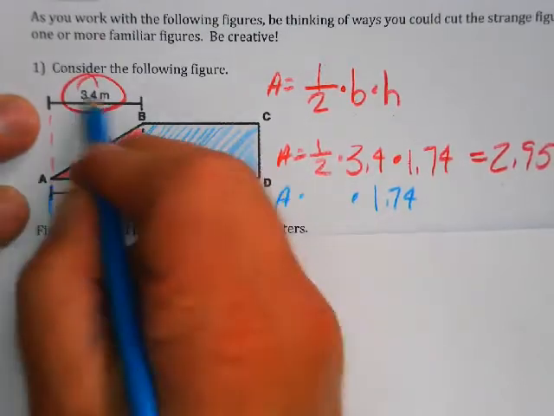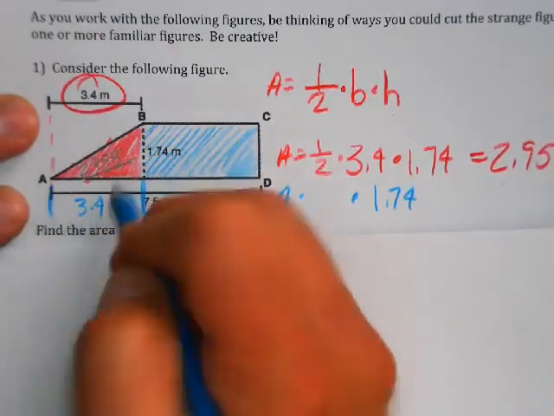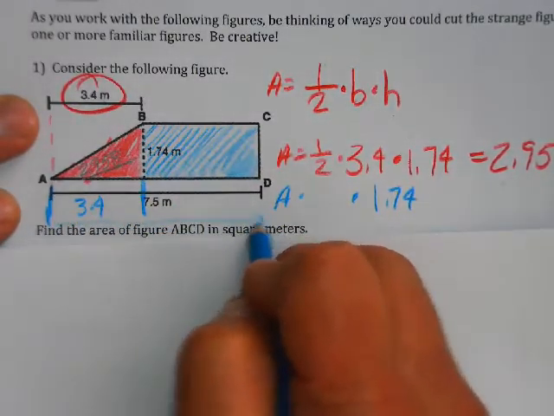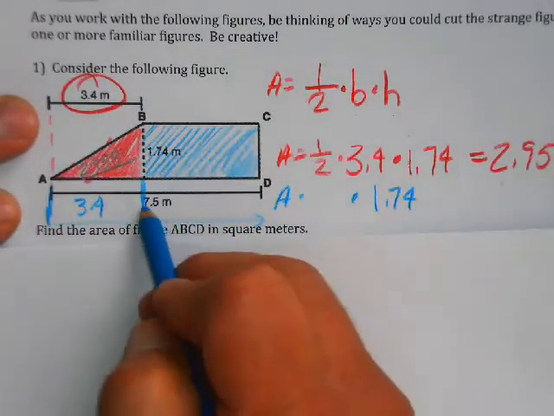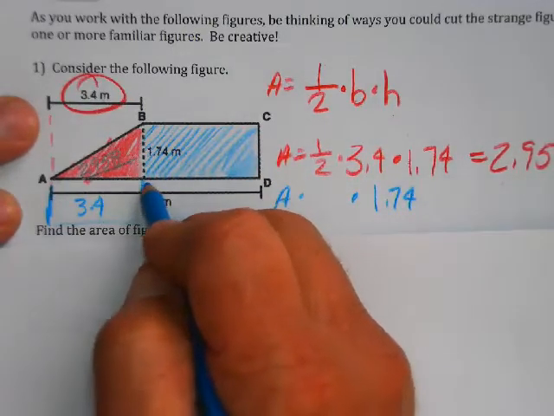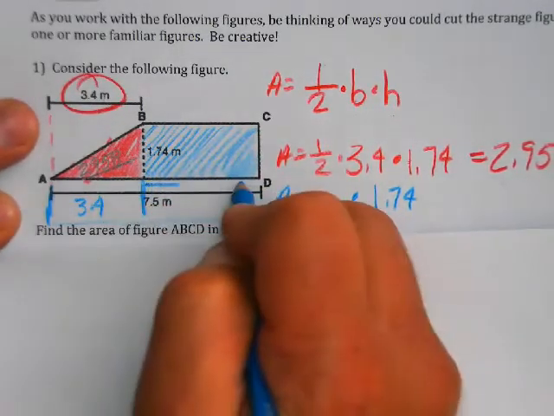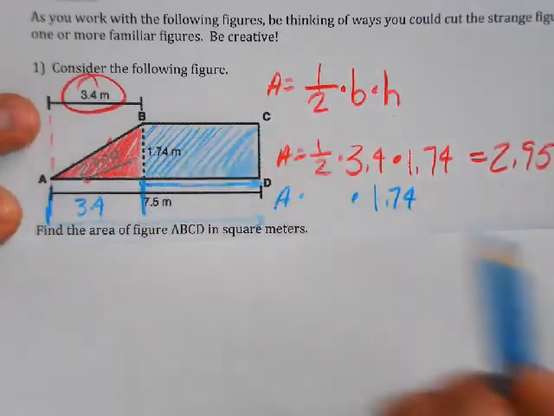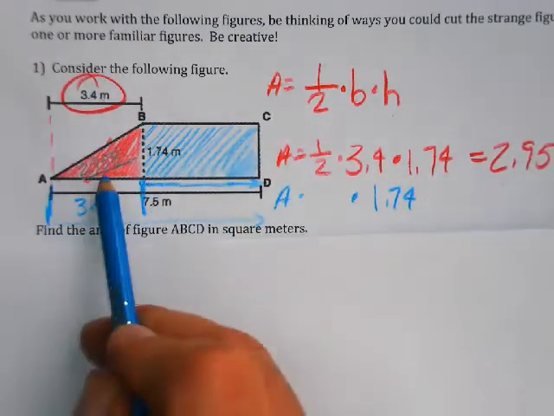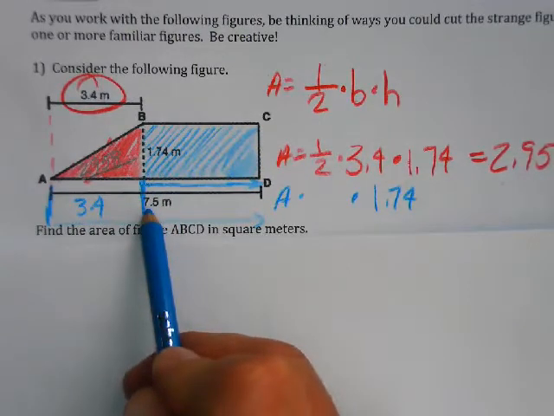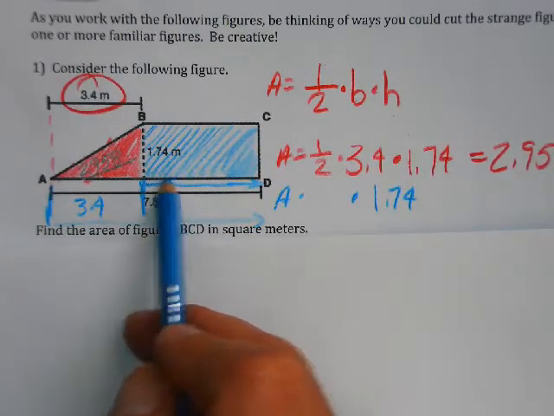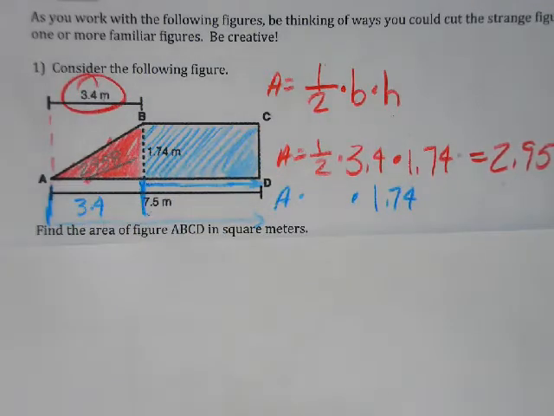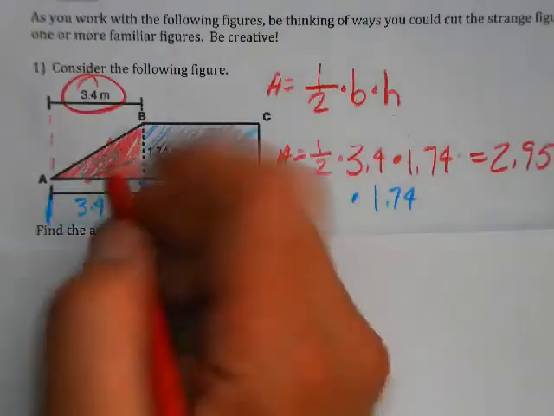So we got the area of the red part sorted out, and we know that's 2.958. I usually write it right in there. So we know the red part's that, so let's solve for the area of the blue rectangle. So the area of the rectangle, we know that's simply base times the height, but wait a minute. We don't know how long the base is. We know the height, so let's just do area equals base times height.